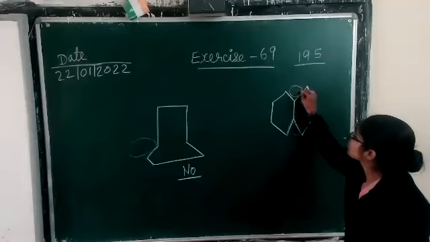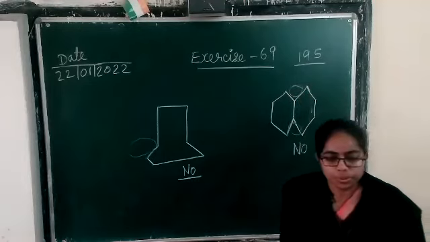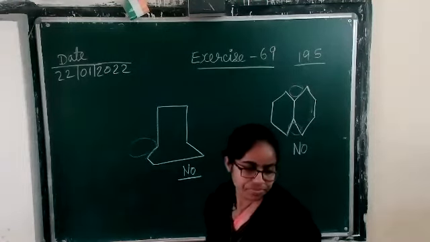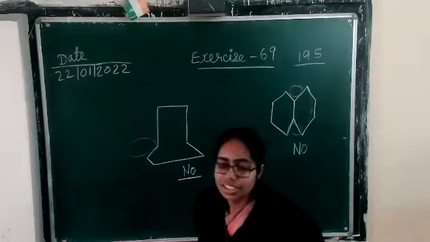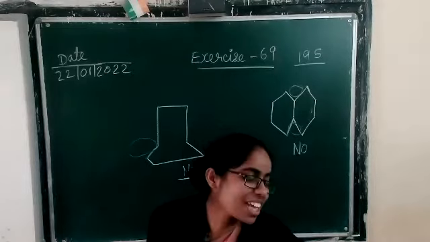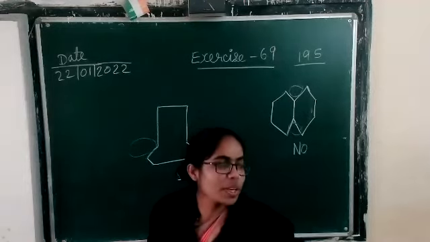So this figure also cannot be tessellated and you have to write no. And the last figure is in another design which cannot be tessellated at all. You can see, no? So that will also be no.